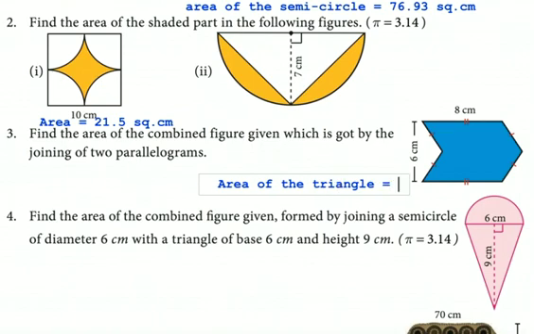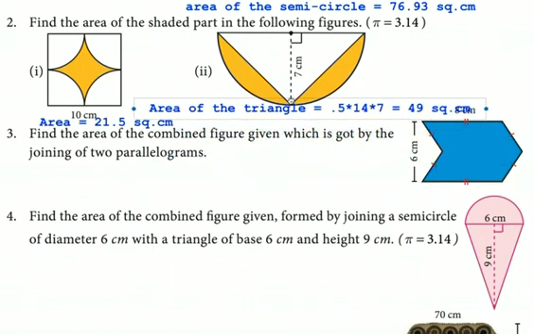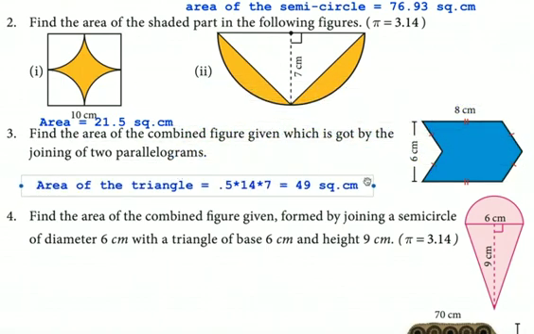Area of triangle is what? Half base into height. 0.5 into base is 7 plus 7, 14 into height is 7. How much? 49 square cm. So this is the area of the triangle. Where I have to put it? Here I am putting it for the moment.